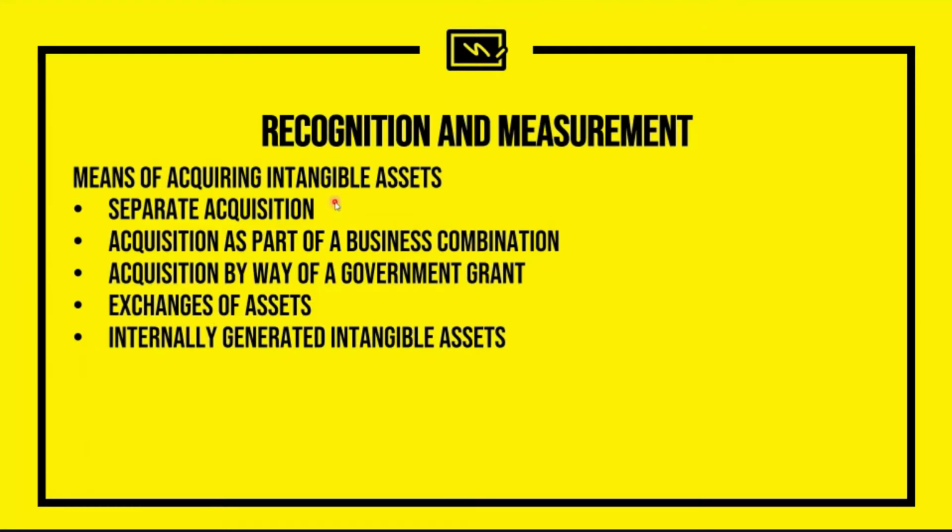First is separate acquisition. Separate acquisition pertains to the purchase of an intangible asset. In the case of purchase, the cost is always the cash price equivalent or the present value of the intangible asset, including any directly attributable cost. If you still remember the capitalizable cost in the case of property, plant, and equipment, we generally talk about the purchase price, the directly attributable cost, and the decommissioning cost.